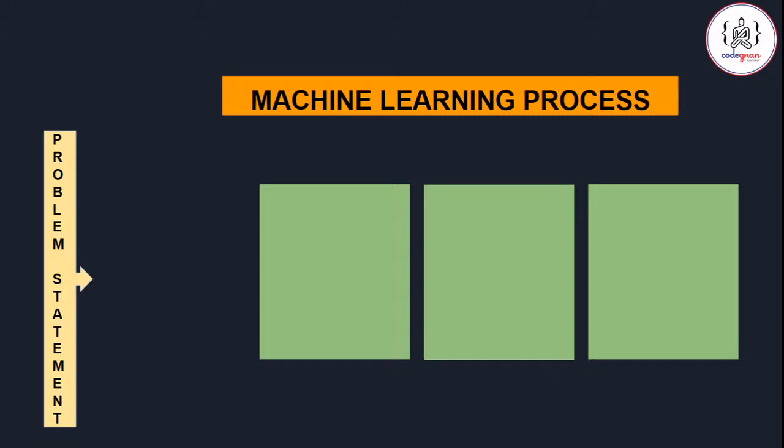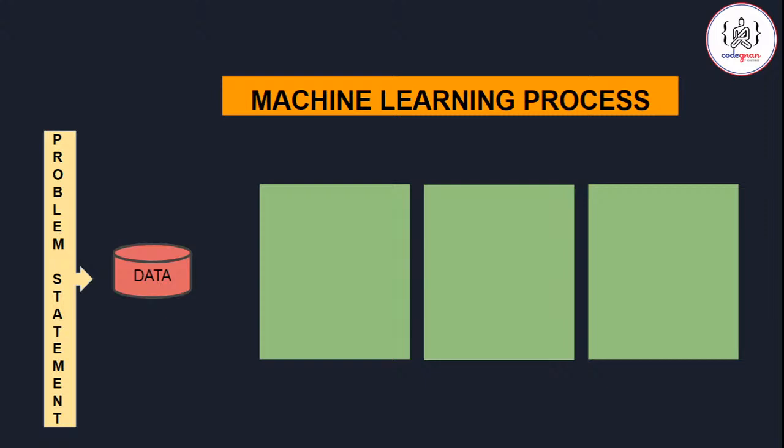So this becomes your problem statement, right? Based on your problem statement, you go and collect your data. This data might be present in your databases. If not, then you have to come up with some strategy to get this data to solve this problem.